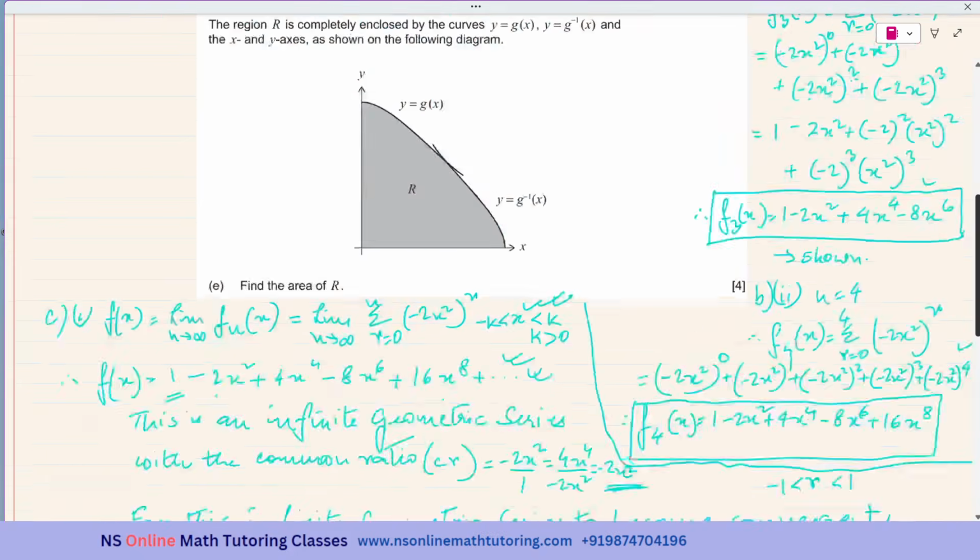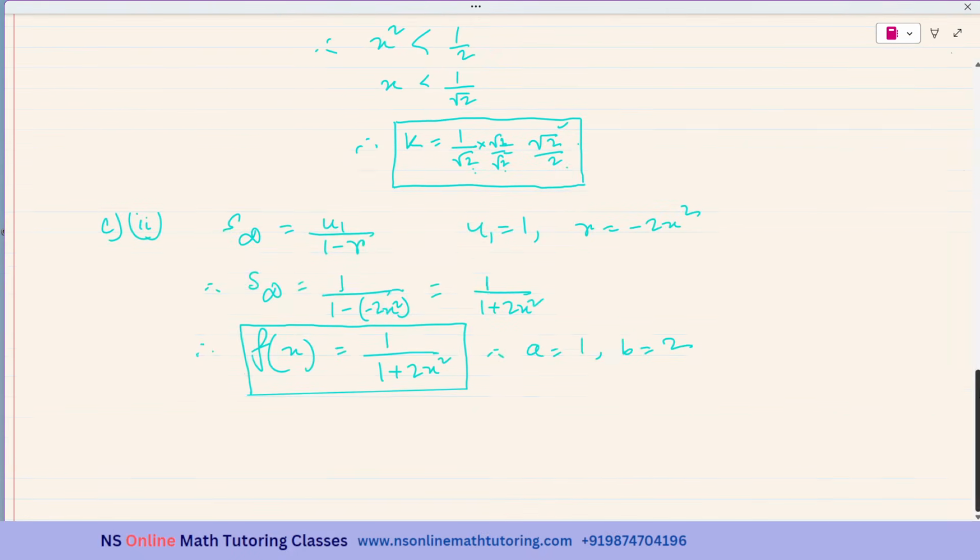So g of x is equal to 1 over 1 plus 2x squared, and x is greater than or equal to 0 but less than 1 over square root of 2.